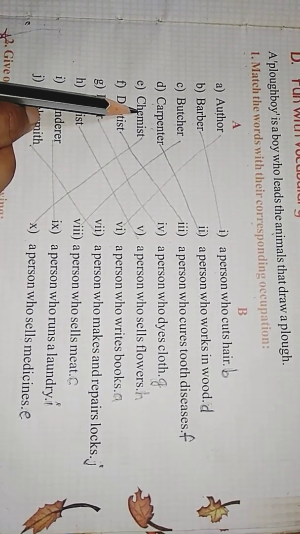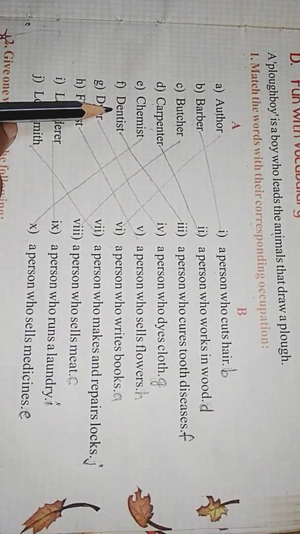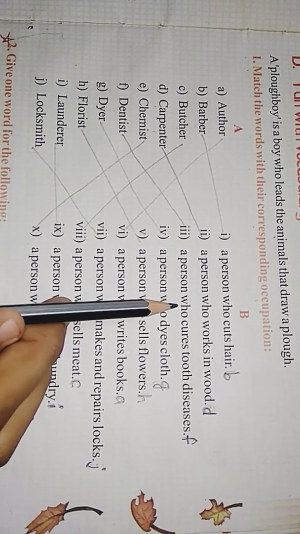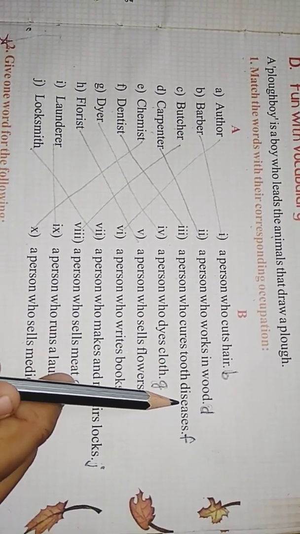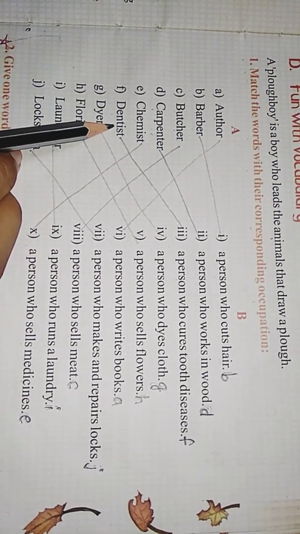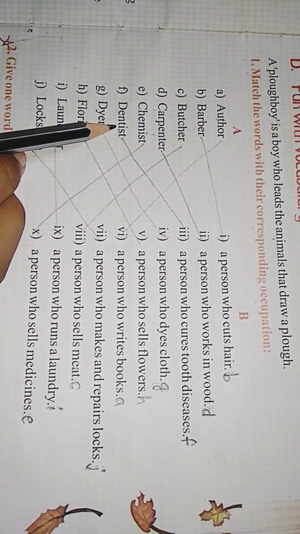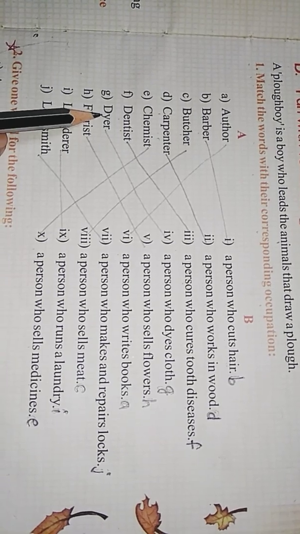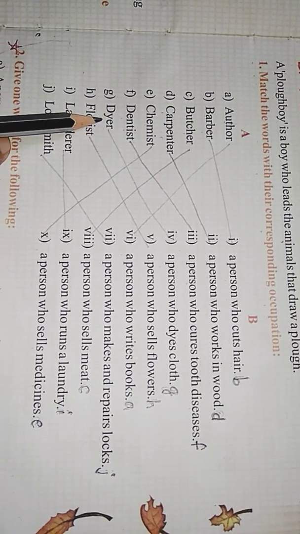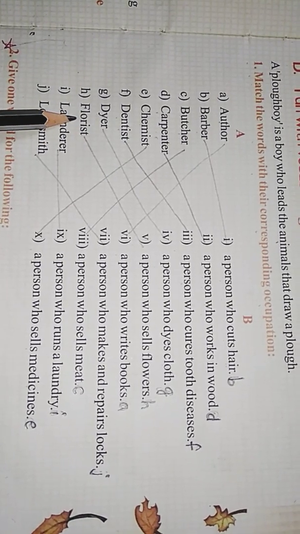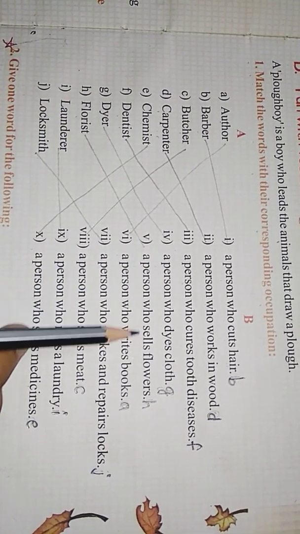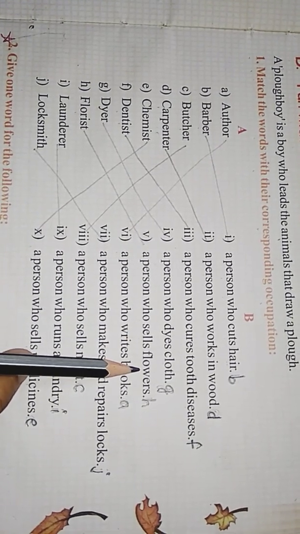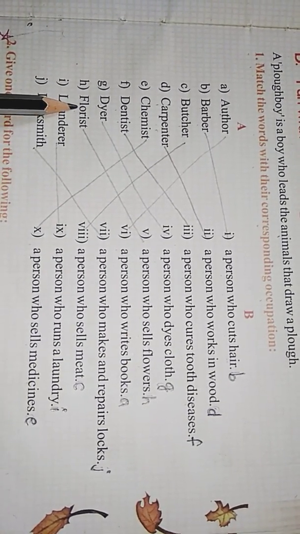Chemist. A person who sells medicines is known as chemist. Dentist. A person who cures tooth disease is known as dentist. So you will match with it. Dyer. A person who dyes clothes is known as dyer. Florist. A person who sells flowers is known as florist.